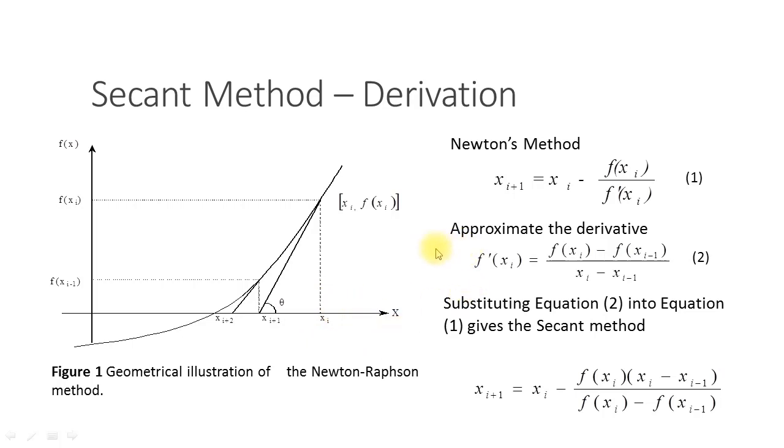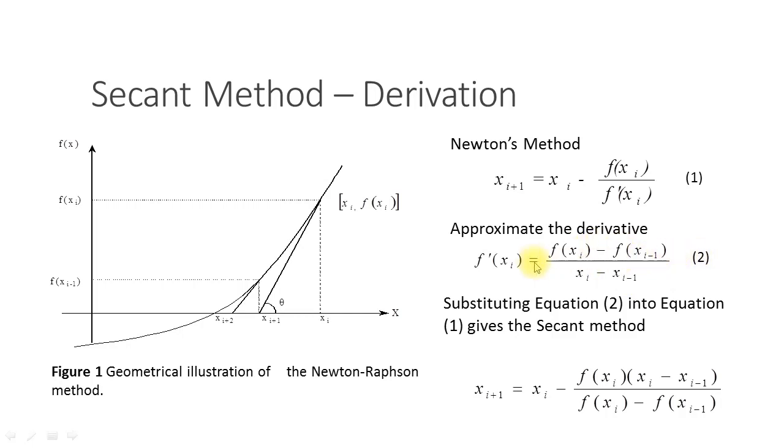Now, approximate the derivative of the function from this geometry. We obtain f dash, the derivative of the function at xi, is equal to f of xi minus f of xi minus 1 divided by xi minus xi minus 1, and this is equation number 2.